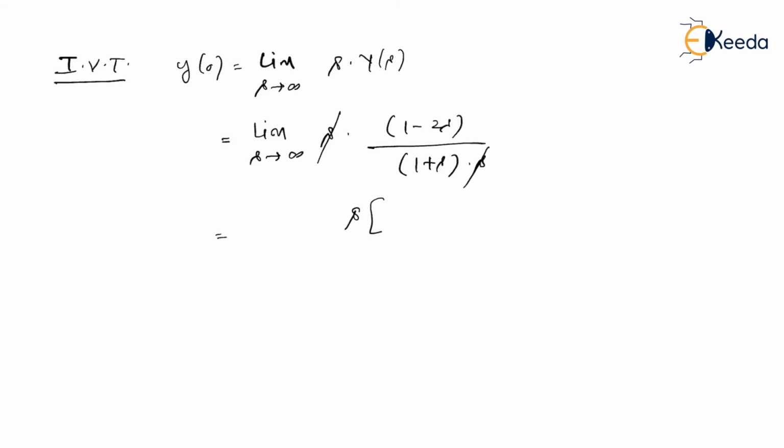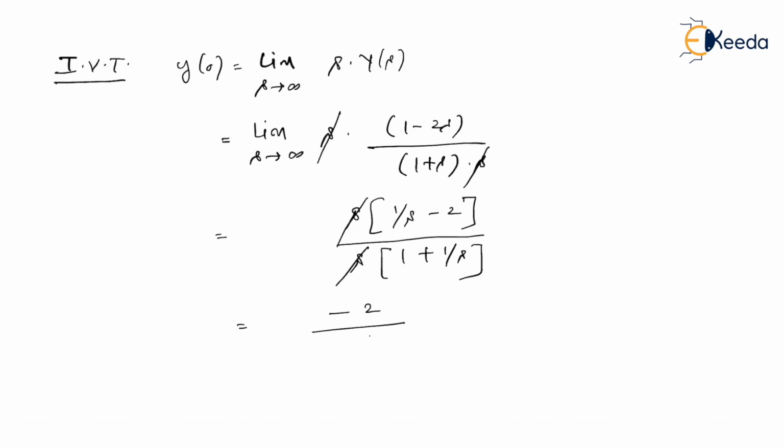Just take s out. What remains inside is (1/s - 2) divided by (1 + 1/s). Again s gets cancelled. Now substitute s equal to infinity everywhere. You'll get minus 2 upon 1, which is equal to minus 2. So y of 0 as initial value is equal to minus 2.